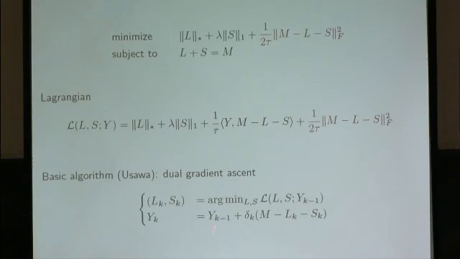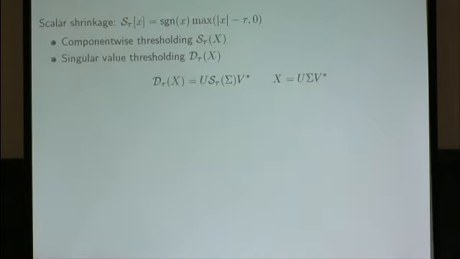Now the problem is that this is very difficult to do. We don't know how to do this in closed form. But a little bit like what Carola discussed yesterday, we have these two operations, which are component-wise thresholding and singular value thresholding. Singular value thresholding simply lowers the singular values of the matrix. Component-wise thresholding does the same, but on the individual entries.